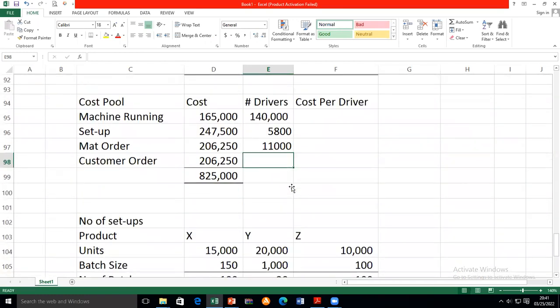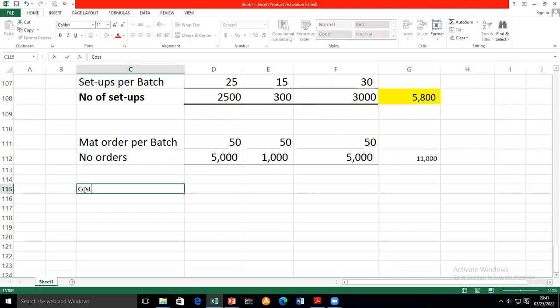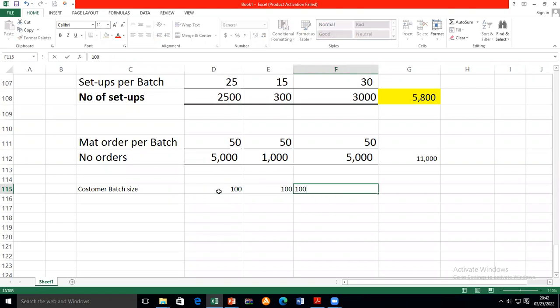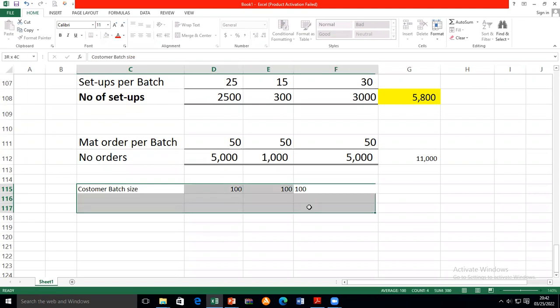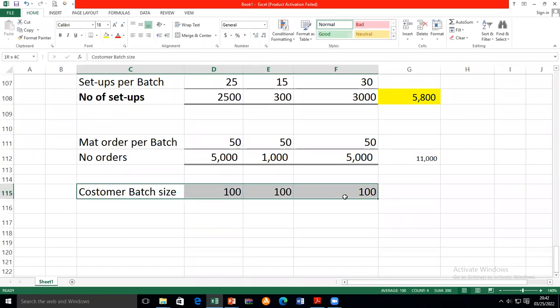So we need to come here first of all. Customer batch size. So they say it's 100, 100, and 100. That's the first item to deal with. So I'll do this for you.